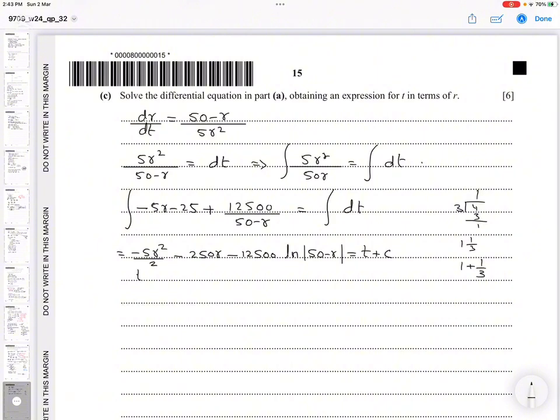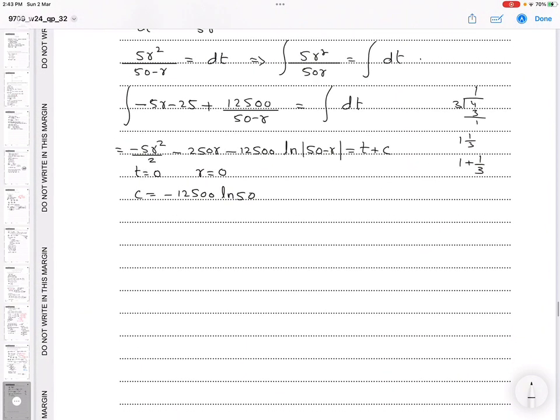Now t equals 0, r equals 0. When you put t 0 and r 0, you will get c equals minus 12,500 ln 50.